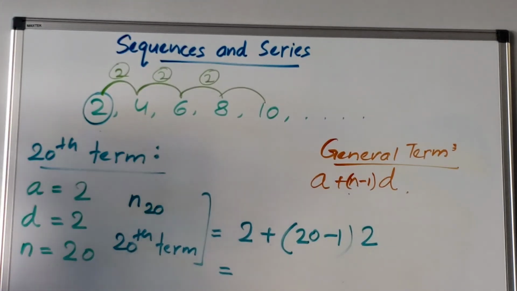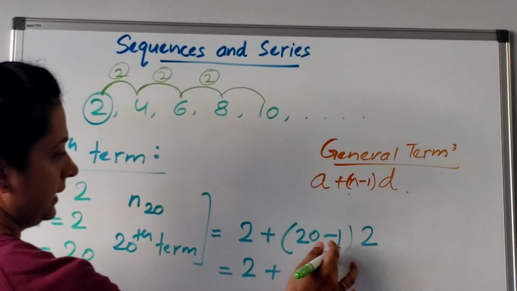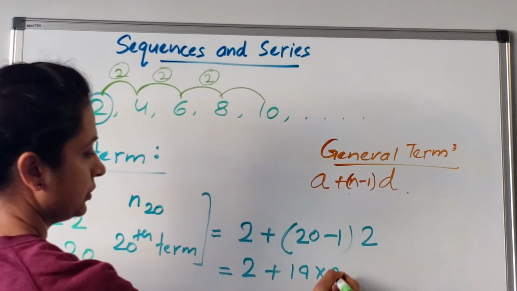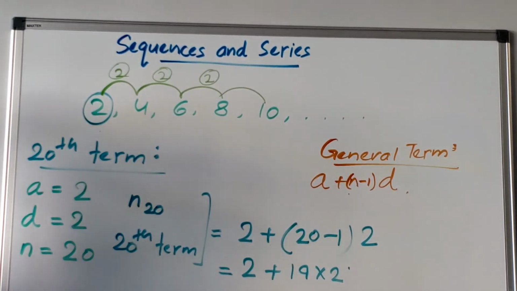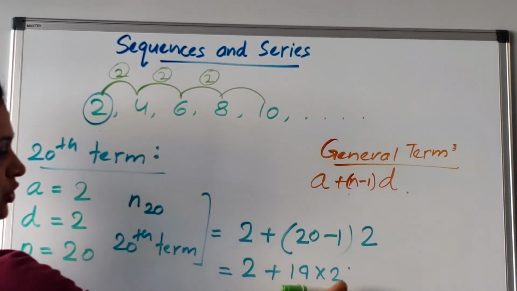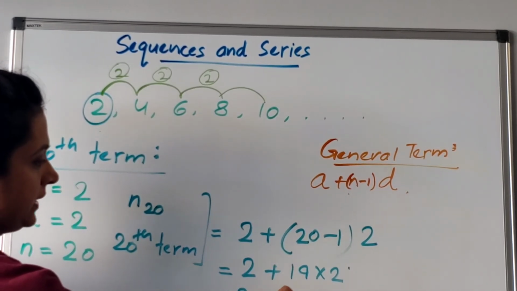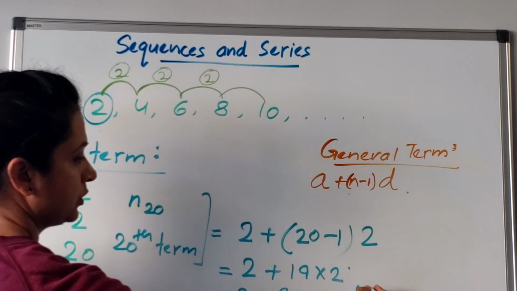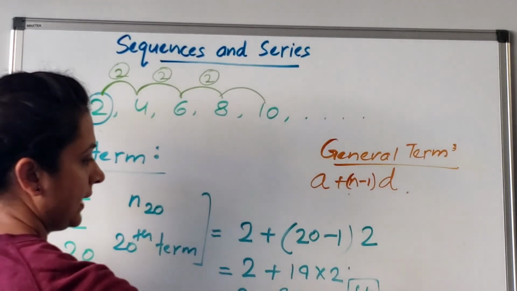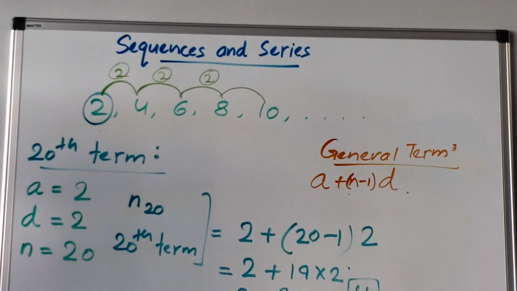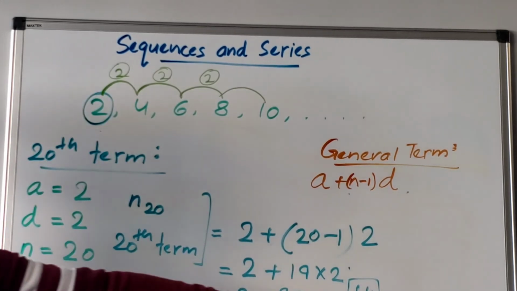And when you open the bracket and you multiply, it makes 19 times 2. Now using BEDMAS, multiplication first and then adding. So we have 2 plus 38, adding to 40. That means the 20th term in this sequence should be 40.